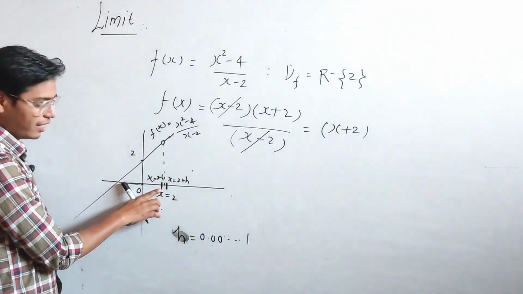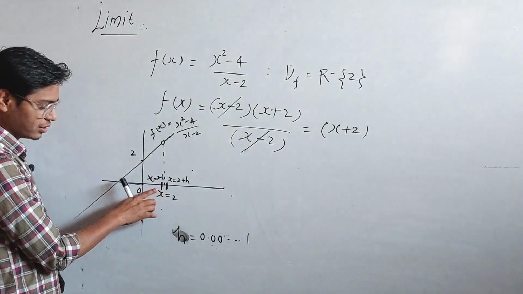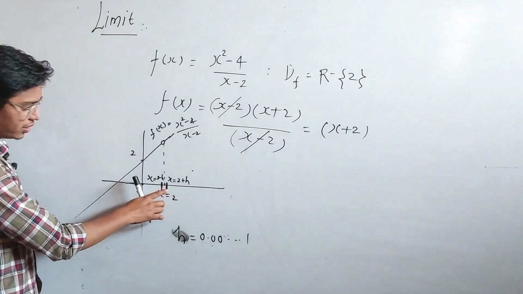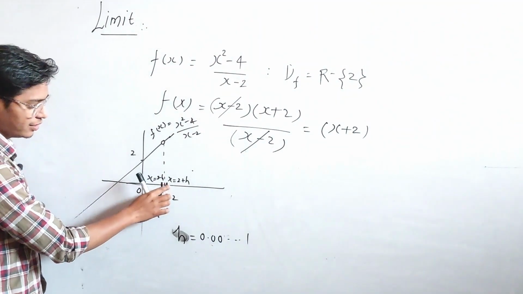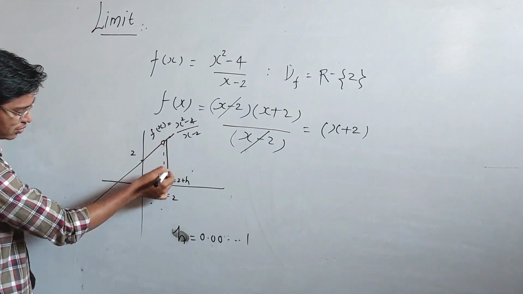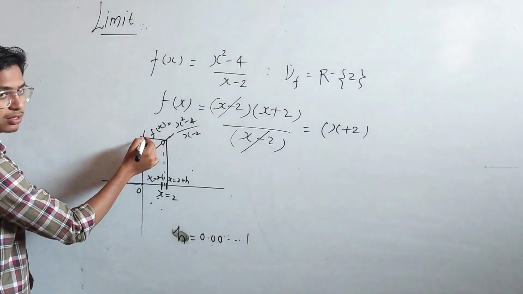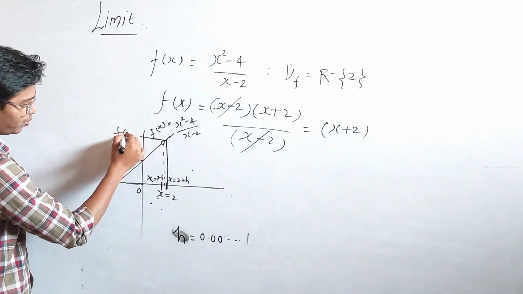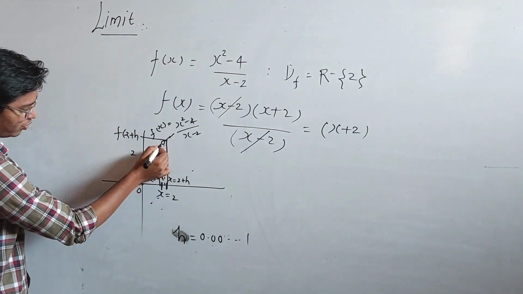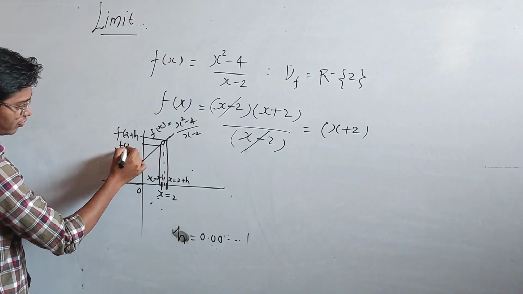This is the left hand point of x equal to 2. So we get the value of the function on the right hand side at x equal to 2 plus h as f of 2 plus h, and at x equal to 2 minus h, we get the value of the function f of 2 minus h.